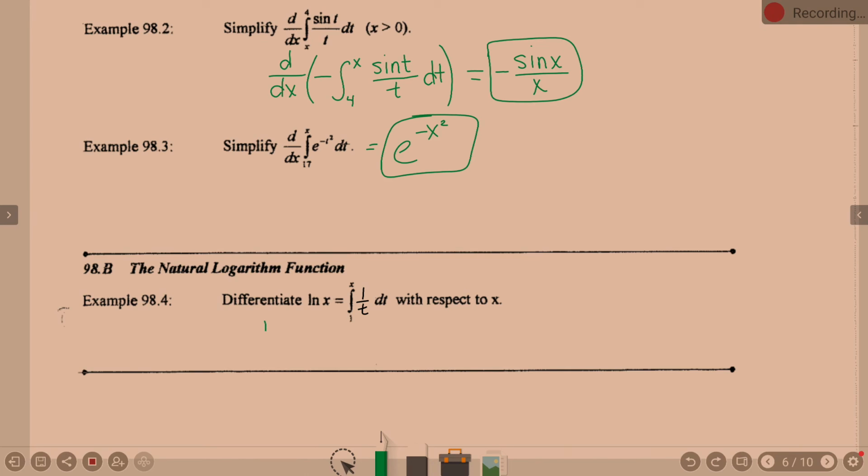So they want us to take the derivative of natural log of x with respect to x. But they tell us the natural log of x is equal to the integral from 1 to x of 1 over t dt. So really what we're doing is differentiating the integral from 1 to x of 1 over t dt.